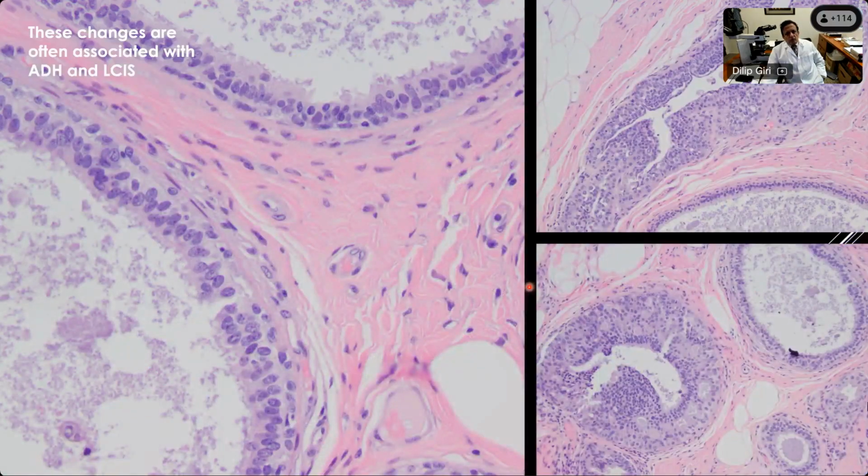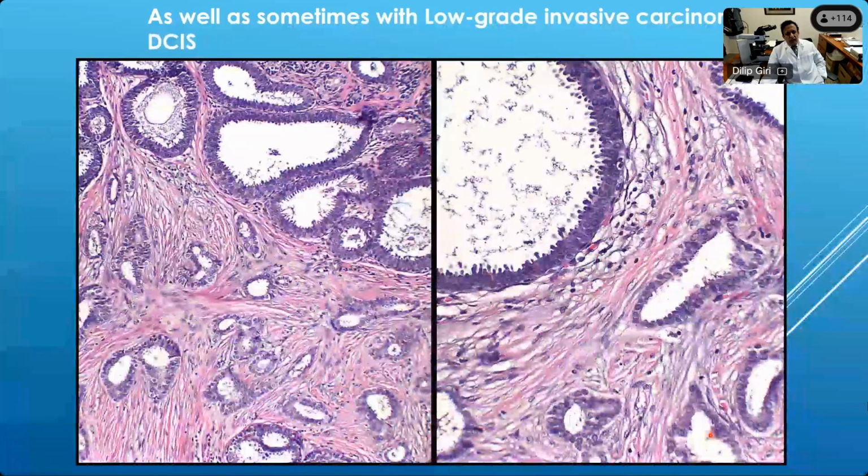Now, the other thing that he recognized is that sometimes, either in the biopsy or in subsequent excision, this kind of changes of FEA were associated with more progressed type of atypical changes, either DCIS or ADH. In fact, in rare instances, these changes of FEA were also associated with low-grade invasive carcinoma, like tubular carcinoma, as is seen in this.